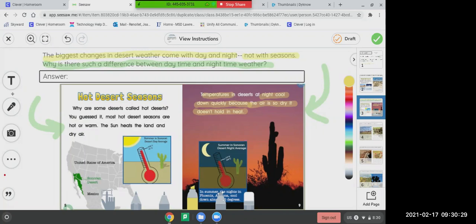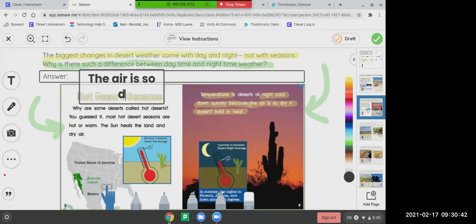We're going to type in our answer using our type tool. The air is so dry it does not hold heat.